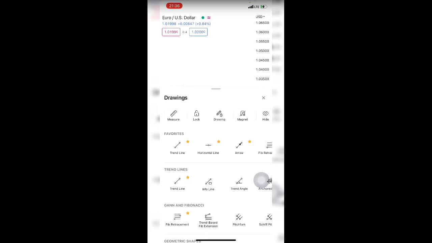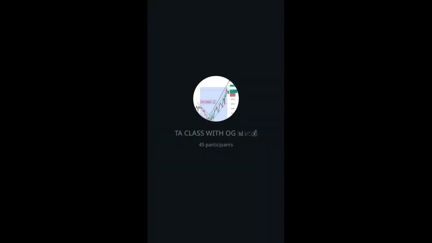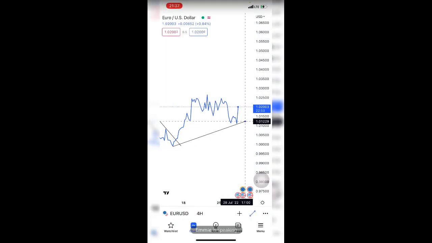The market is in a range, but no, it's still in an uptrend. Look at it. If you draw it from here, pick 2. So this is an uptrend. It comes up, and here it's trying to come down.